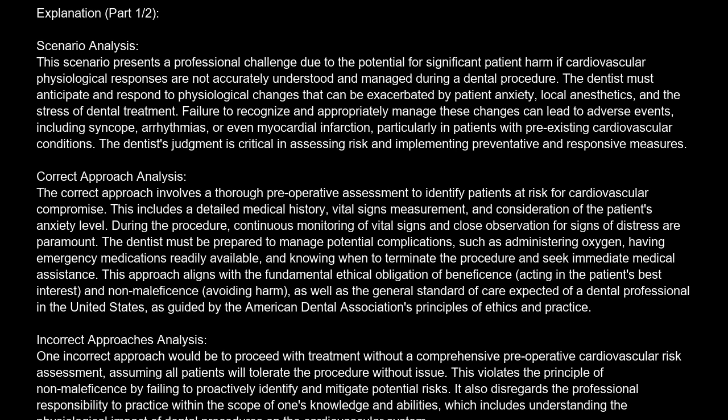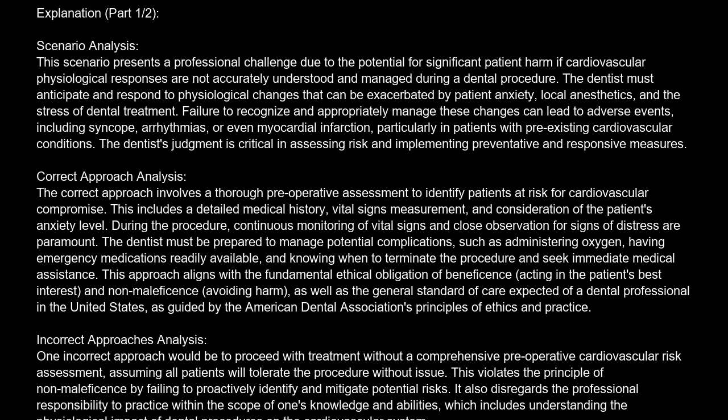The dentist must be prepared to manage potential complications, such as administering oxygen, having emergency medications readily available, and knowing when to terminate the procedure and seek immediate medical assistance. This approach aligns with the fundamental ethical obligation of beneficence, acting in the patient's best interest, and non-maleficence, avoiding harm, as well as the general standard of care expected of a dental professional in the United States, as guided by the American Dental Association's principles of ethics and practice.